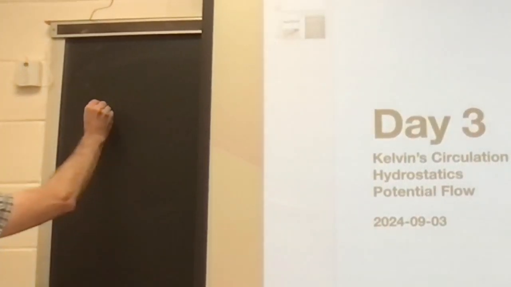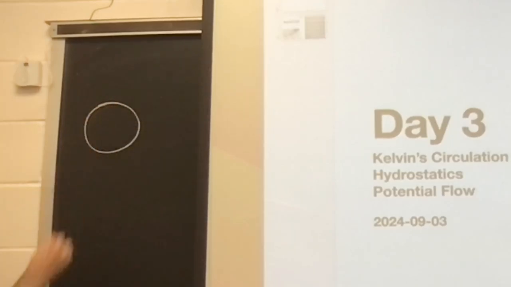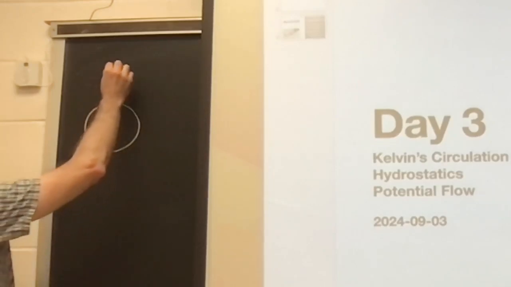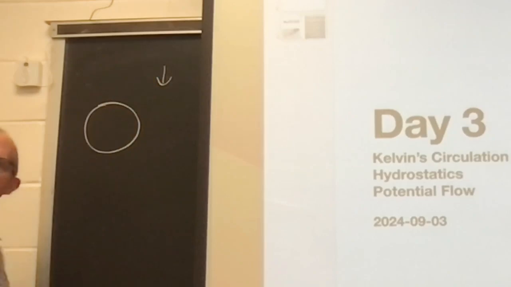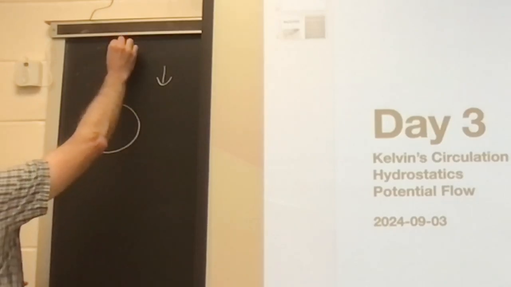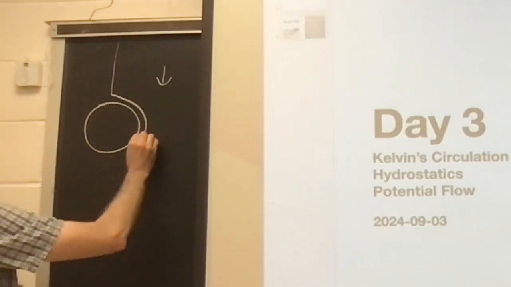It's slightly better. Okay, so one thing I'm going to do in a minute, and you've read about in the reading, is flow past a cylinder. So if I have, let's say, my flow is downwards here, because I have that space to work with, and I have a fluid that's coming along and going around the cylinder.